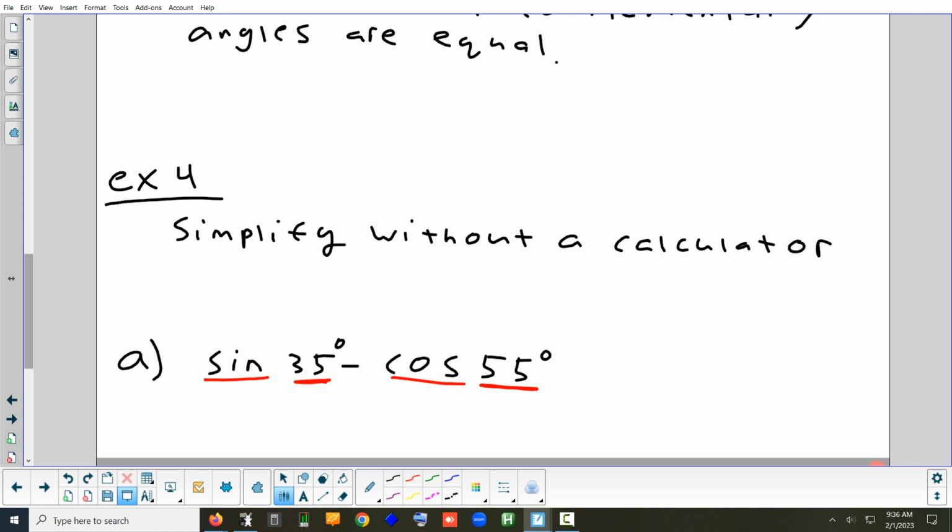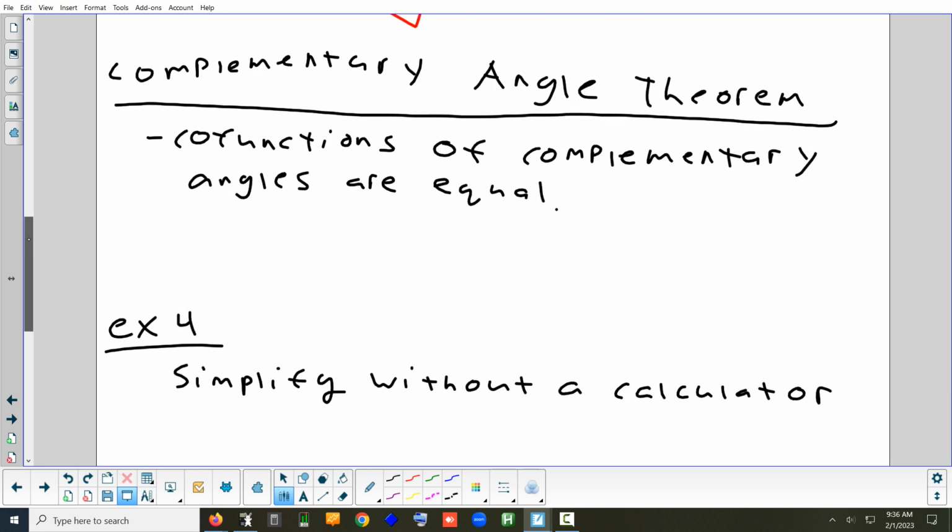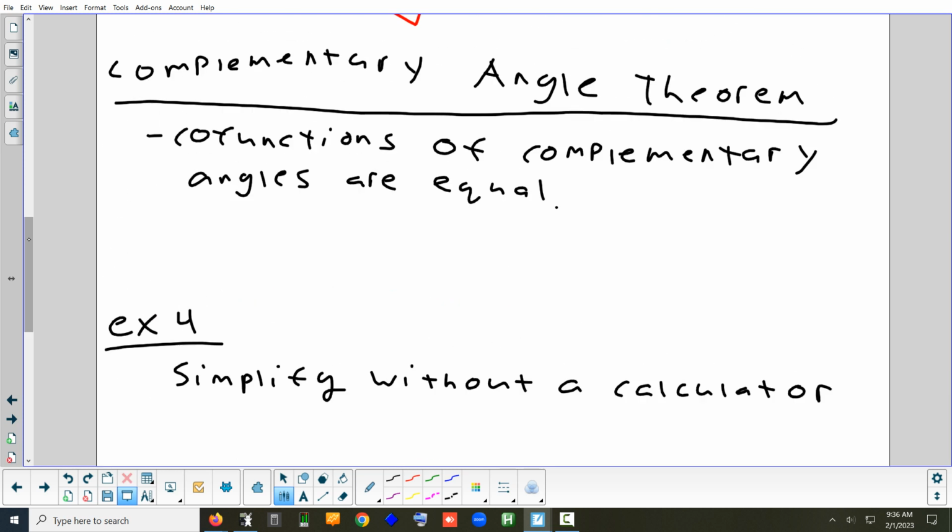Yeah. These are complementary. So these are cofunctions. These are complementary. What did we just say about cofunctions of complementary angles? When you do the answer out, they both come out equal.